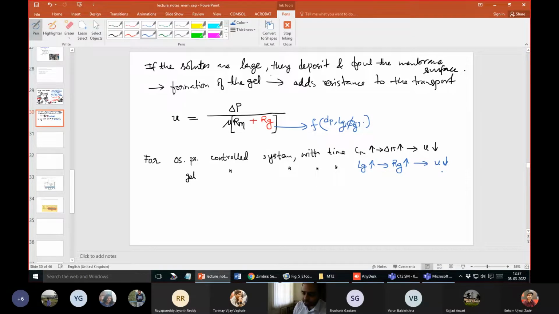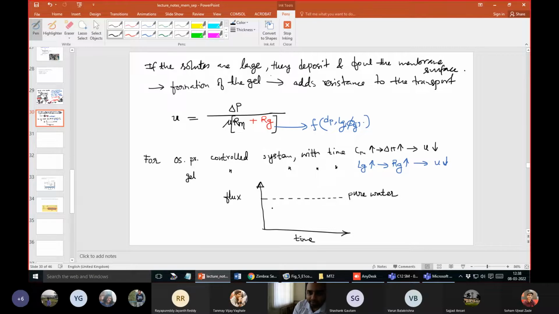So if you have pure water, and if I try to draw a plot of flux with respect to time, in the case of pure water it would always be constant, right?